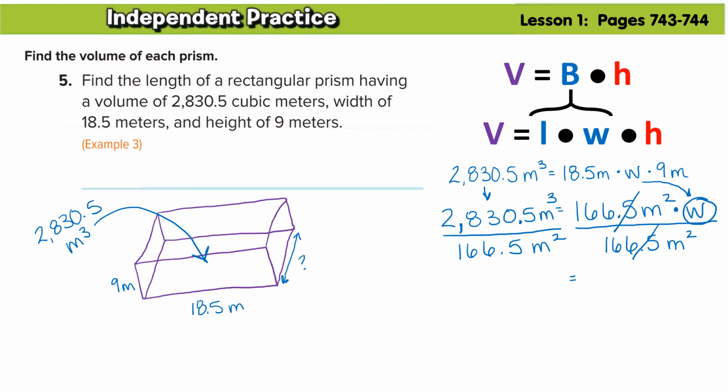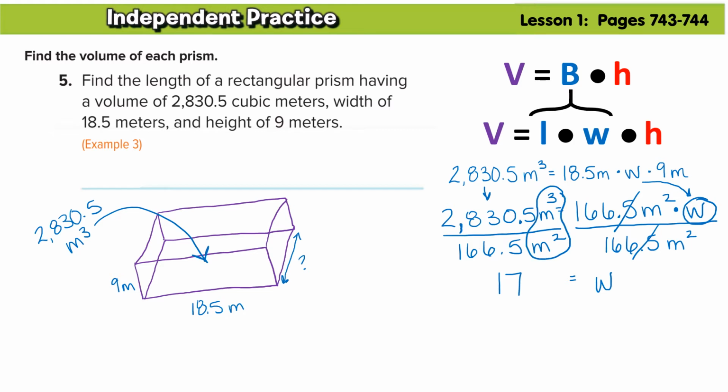So I'm going to write W. And on your calculator, it's 2830.5 divided by 166.5 equals, and surprisingly enough, we got a whole number, 17.